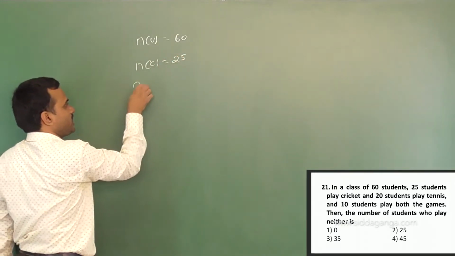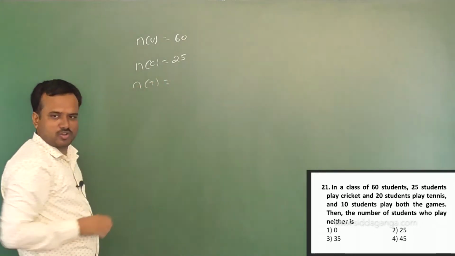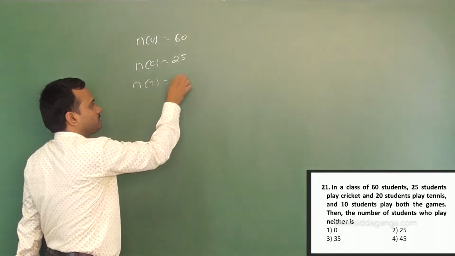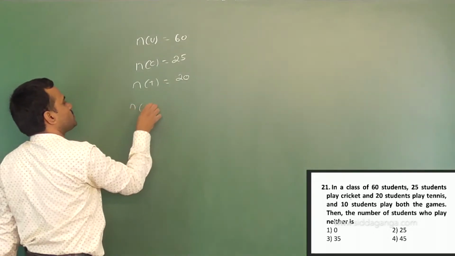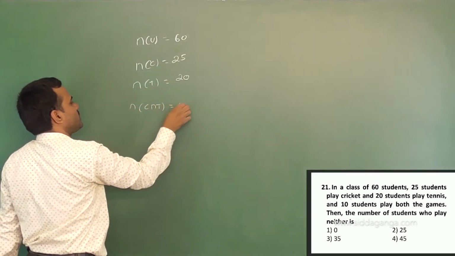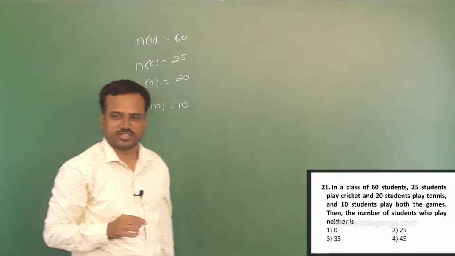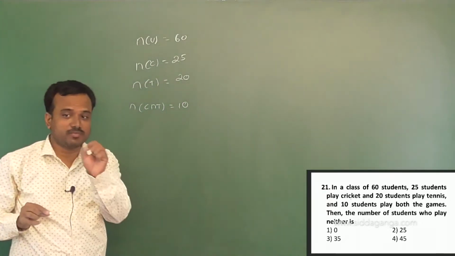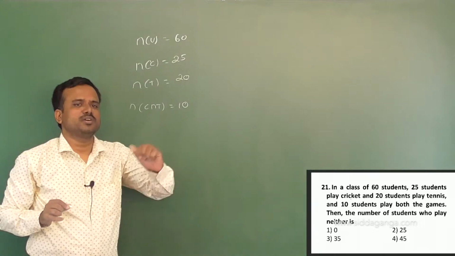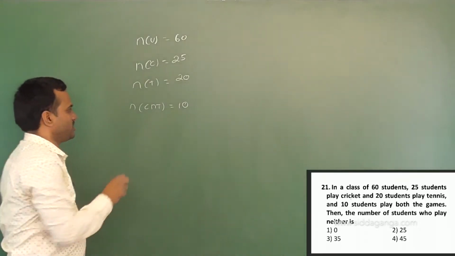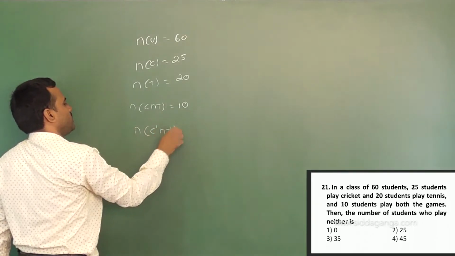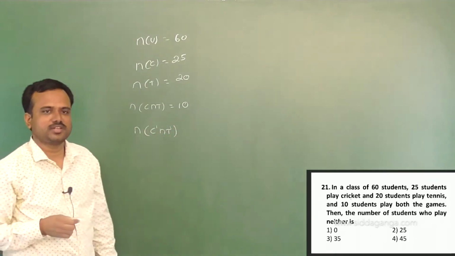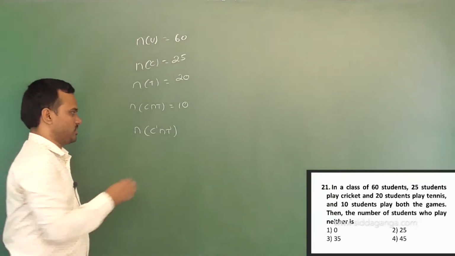N of T, tennis, is 20. And both the games, N of C intersection T, is 10. The number of students who play neither means neither cricket nor tennis. That means N of C dash intersection T dash.